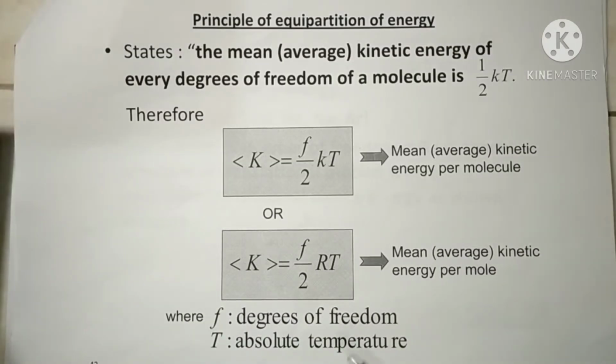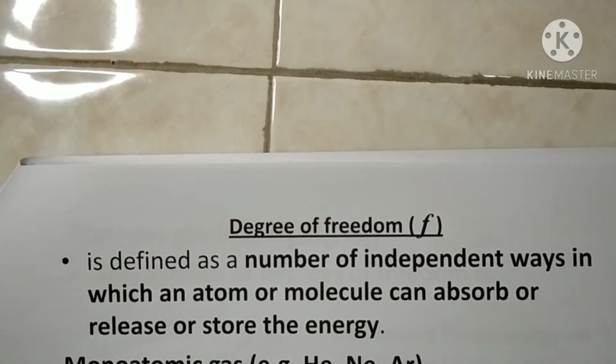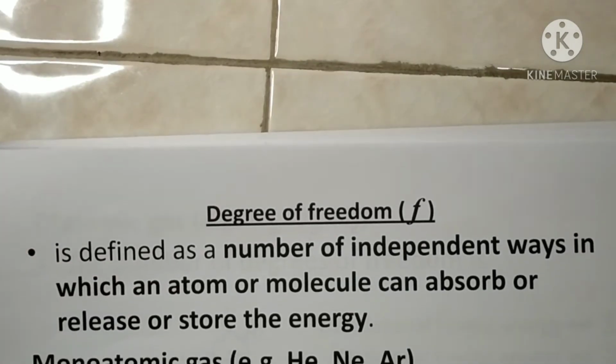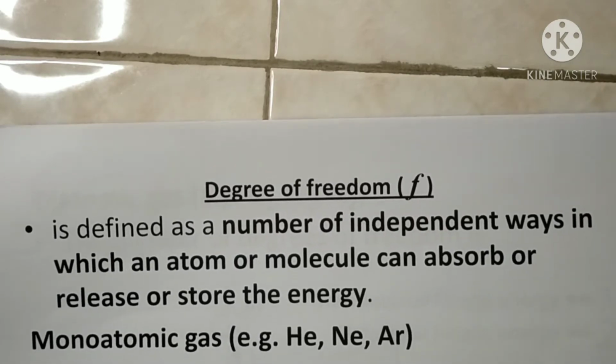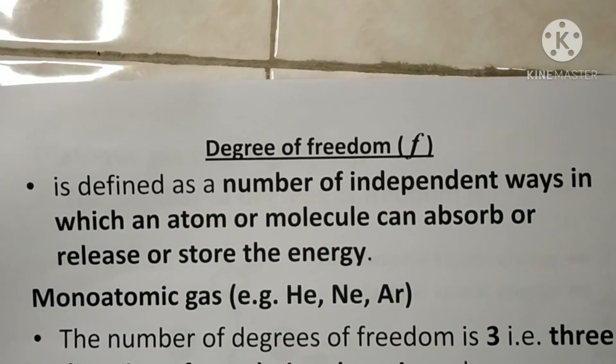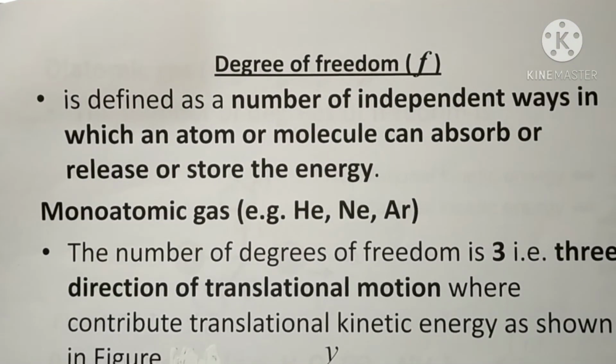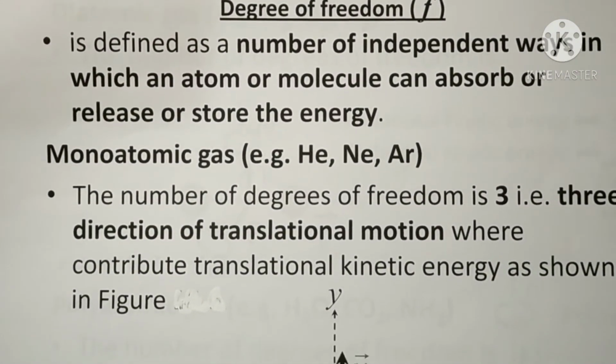What is meant by degrees of freedom? It is defined as the number of independent ways in which an atom or molecule can absorb, release or store energy. The number of degrees of freedom for monoatomic gas like helium, neon and argon is 3. The 3 is the direction of translational motion, which contributes translational kinetic energy, as shown in the figure below.